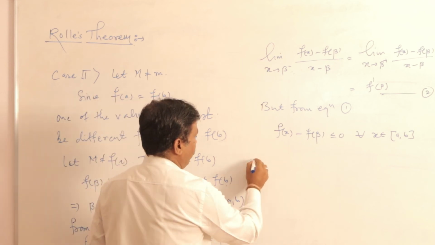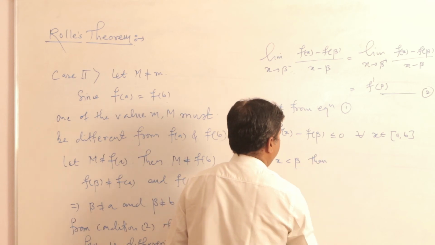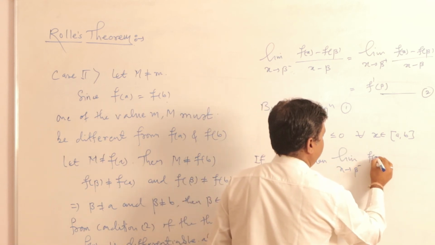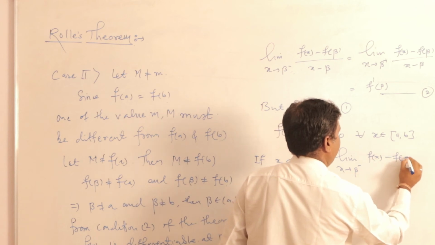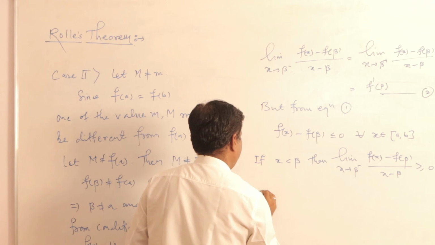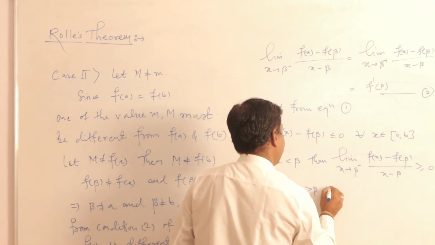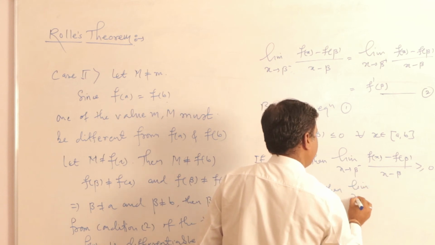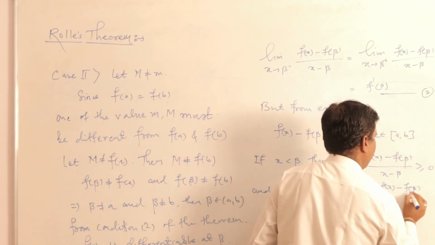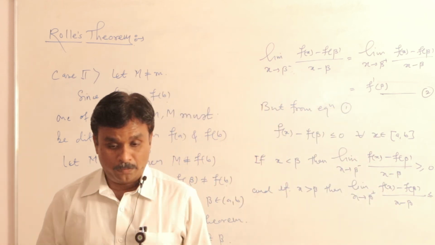If we take x less than beta, then the quotient f of x minus f of beta upon x minus beta is greater than or equal to 0, and if x is greater than beta, then the quotient f of x minus f of beta upon x minus beta is less than or equal to 0.